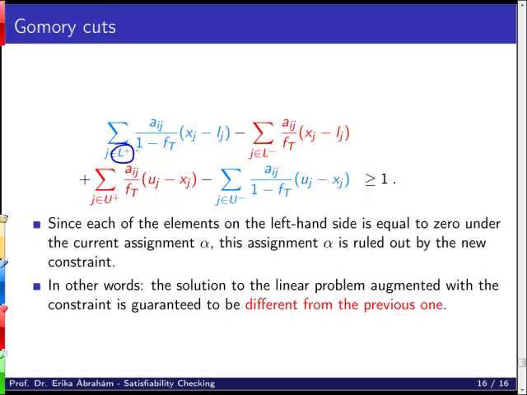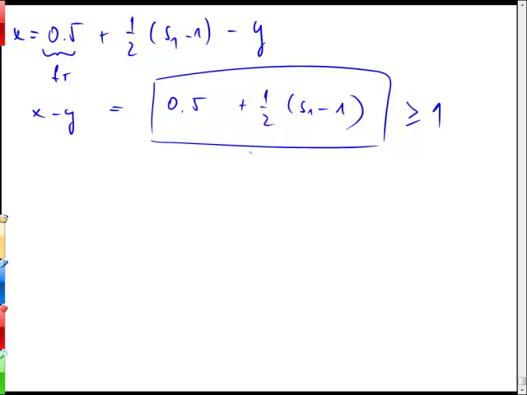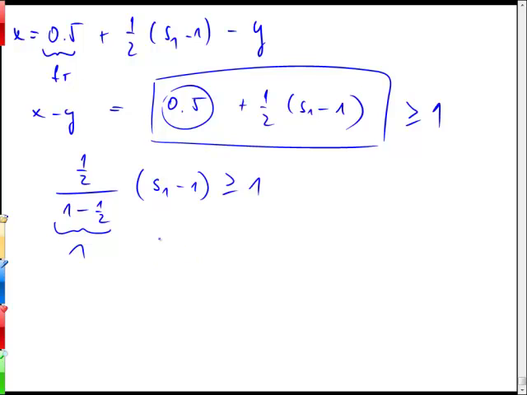So I will take the coefficient divided by 1 minus this ft times the variable minus its value. So the coefficient is 0.5 divided by 1 minus ft times the variable minus its value, should be larger or equal 1. This is what my equation previously, which I derived, defines. And if I compute it, this is 1. So what I get is S1 larger or equal to.